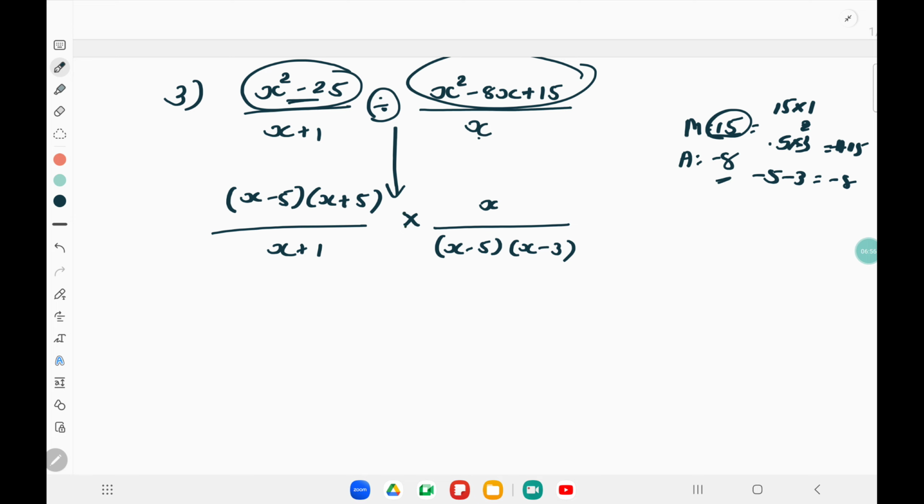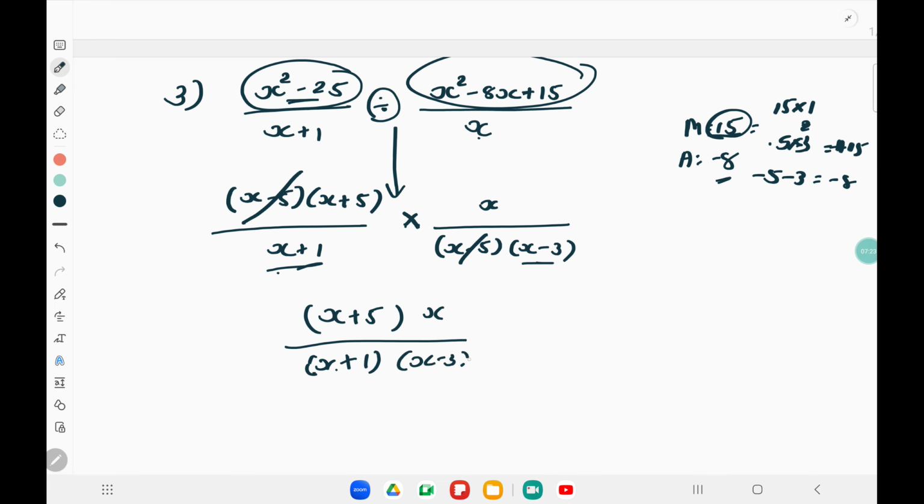Here it is a multiplication sign, so we can cross down. This one and this one cancel. Nothing else can cancel because x minus 3 at the top we cannot find anywhere, and even x plus 1 is not anywhere. So let's write (x plus 5) times x, and I write everything over one fraction line, with (x plus 1) and (x minus 3) next to each other.